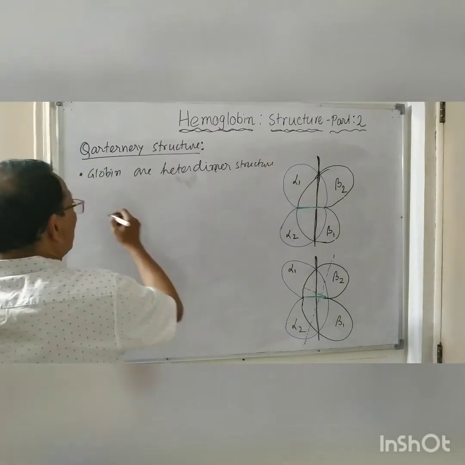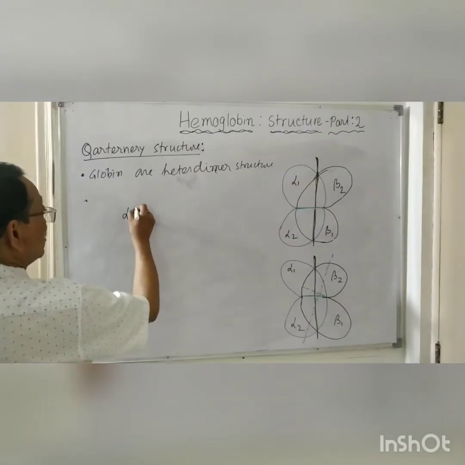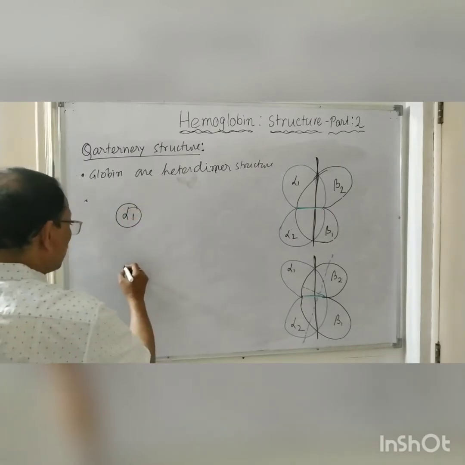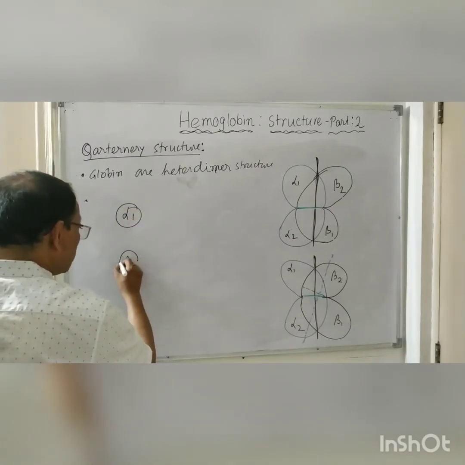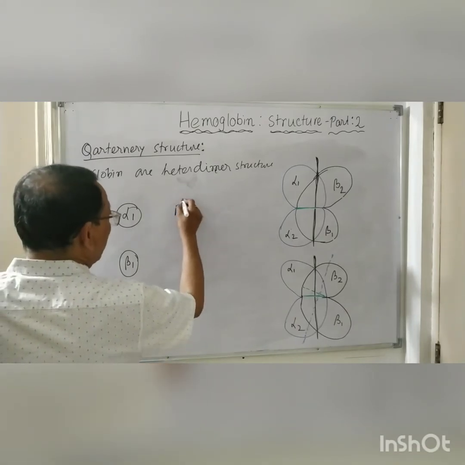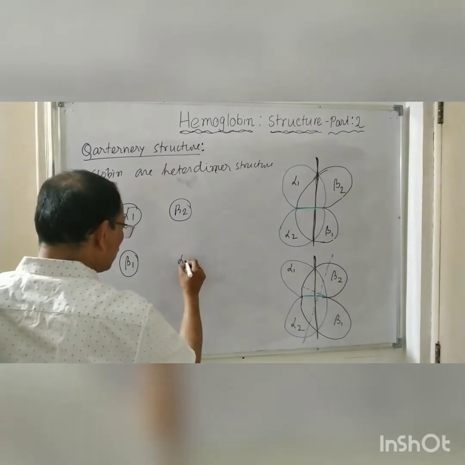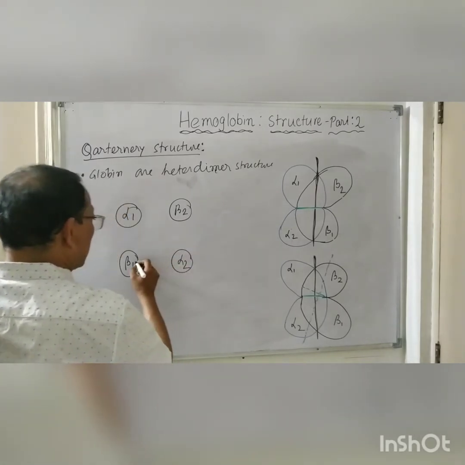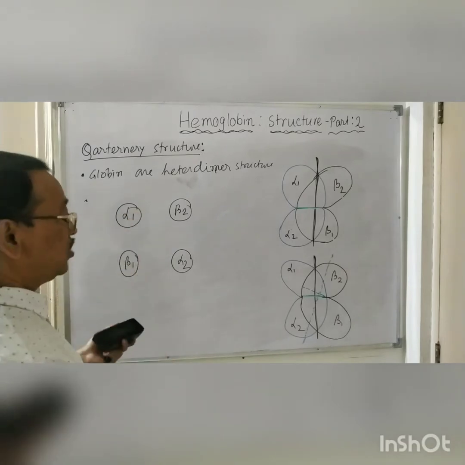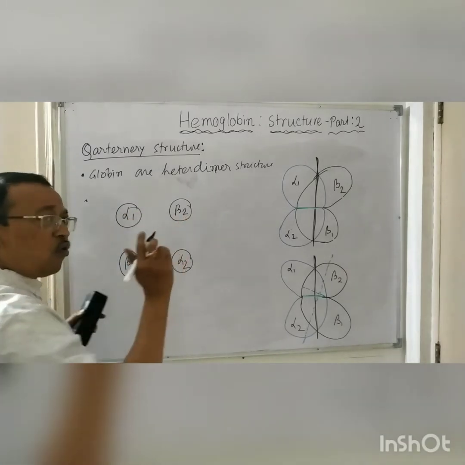That means, suppose this is alpha 1, it binds with beta 1 and beta 2, whereas alpha 2 binds with beta 1 and beta 2. In such a way there are four contact points.